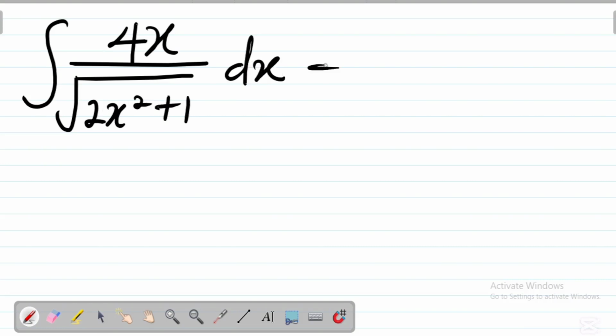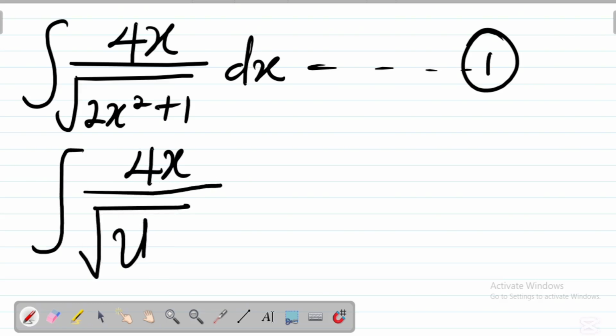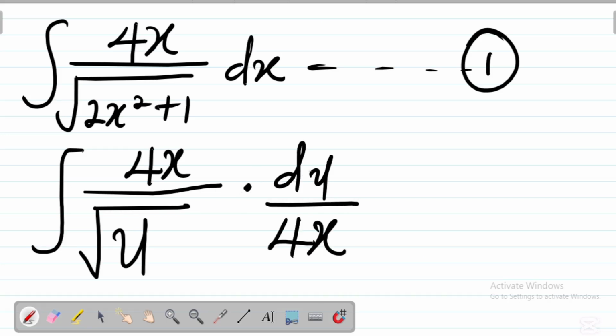So if we substitute into equation 1, we would have integral of 4x all over square root of u multiplied by du all over 4x. Du all over 4x from our calculation is dx.